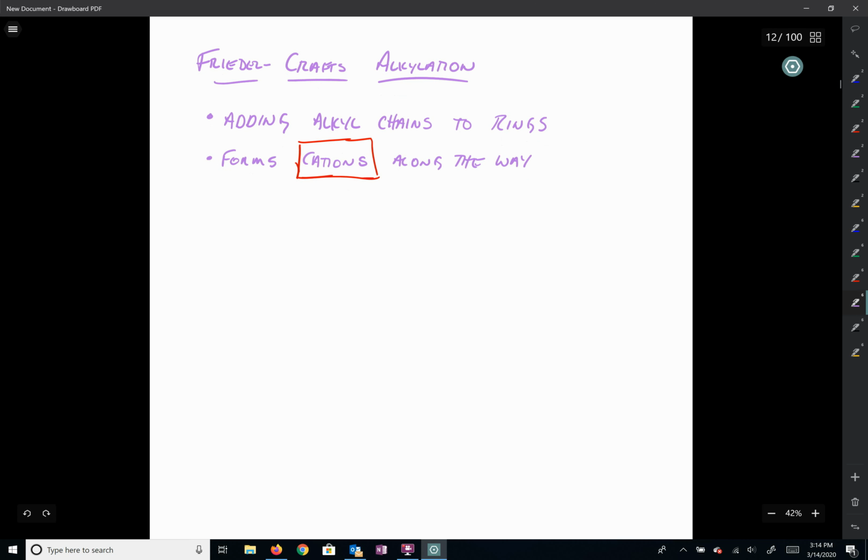And that's what I mean when I say that there are limitations. If we're not going to be able to form a cation, then we can't really go through this method of adding an alkyl chain. We'll talk about that in just a bit, though. And we do have to pay attention to rearrangements.